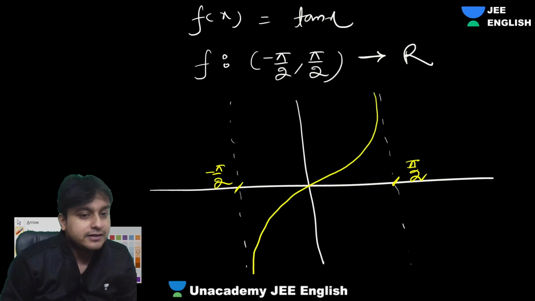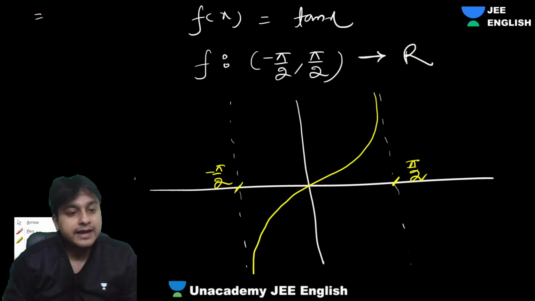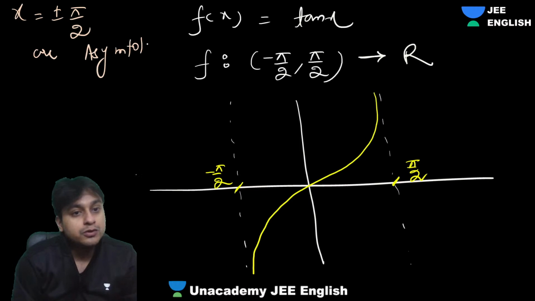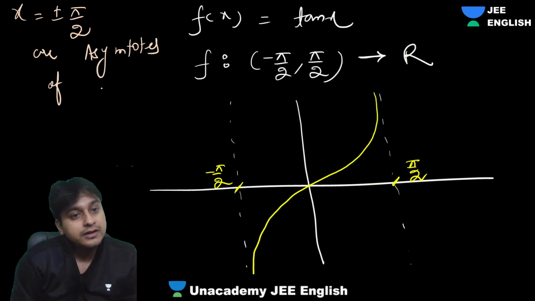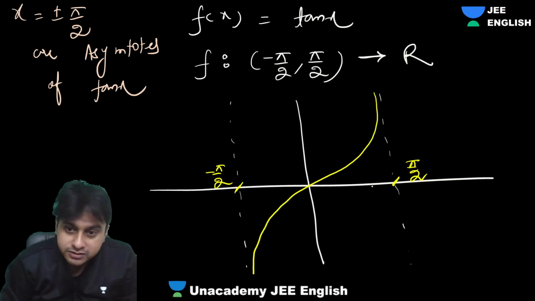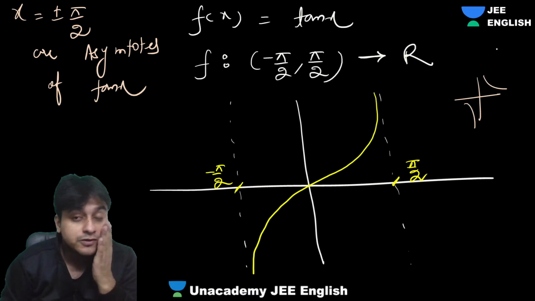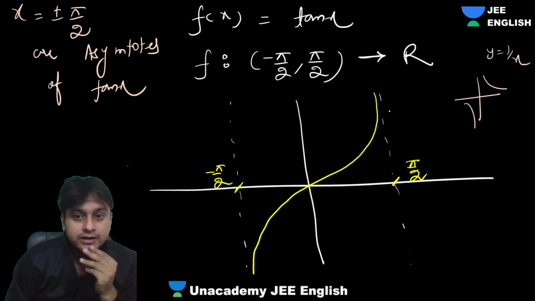I have referred to them a lot of times. x equals plus minus pi by 2 are asymptotes of tan x. Why asymptotes? Because the graph is touching at infinity. This is the meaning of asymptote, like y equals 1 by x, where the y and x axes are asymptotes of the graph. So these are called asymptotes.